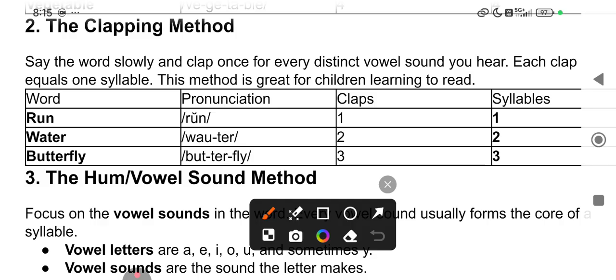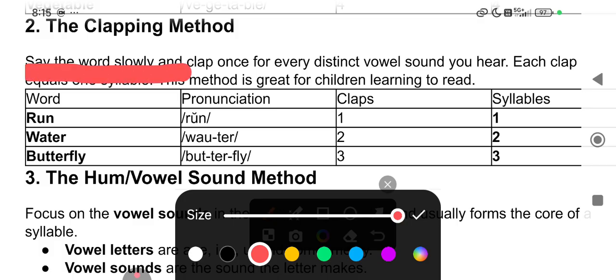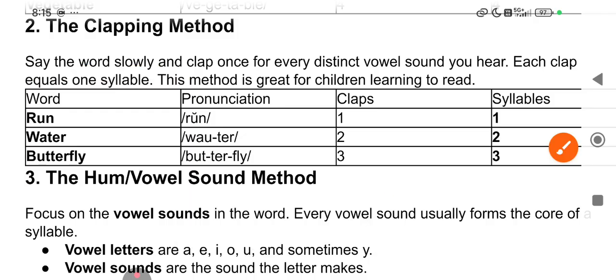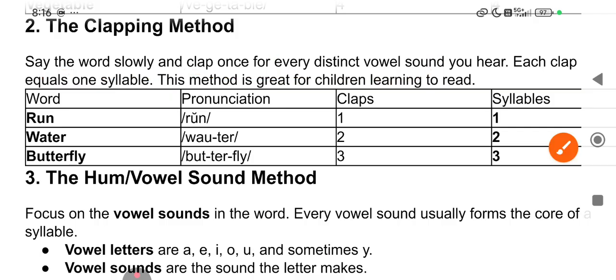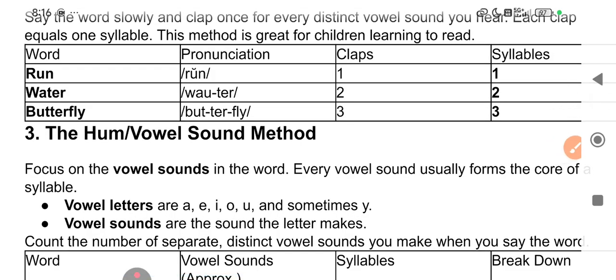Number two, say the word slowly and clap once for every distinct vowel sound you hear. Each clap equals one syllable. This method is great for children learning to read.